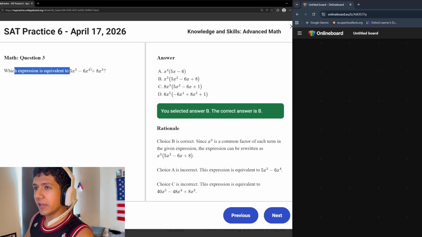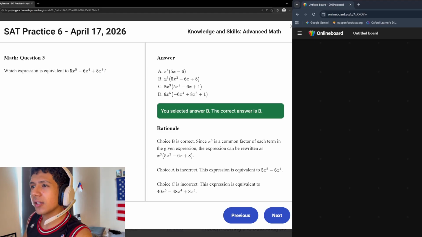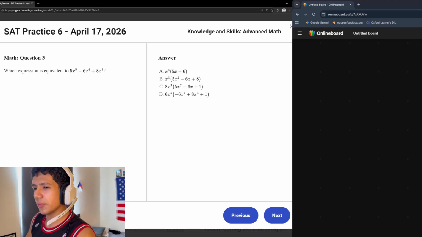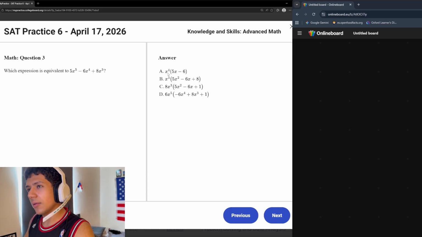Actually, we're not adding like terms. We're simplifying it in a multiplication way. So let's just see. The answer is there, bro. I have to not show the answer. Okay, answer B. Let's just go with it because you already saw the answer.